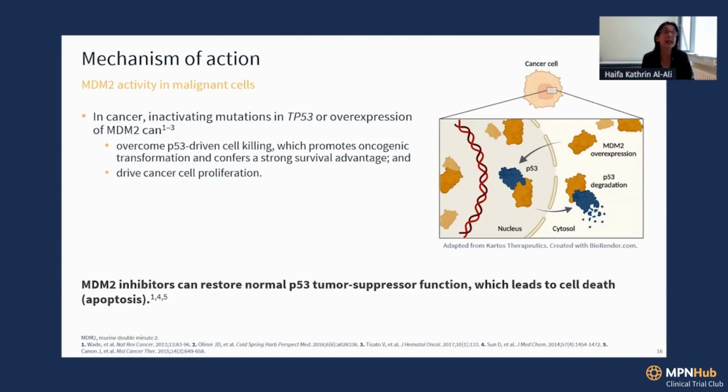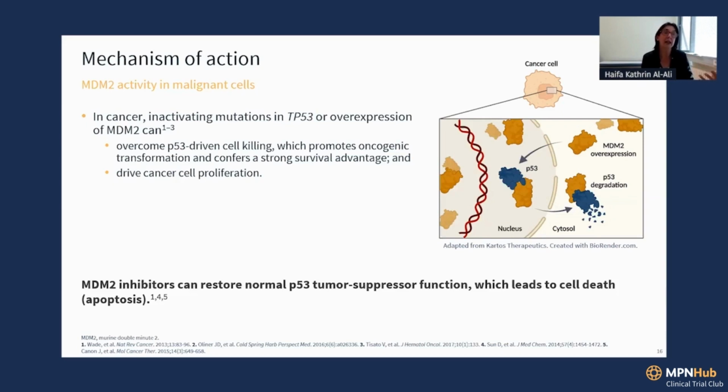By the way, MDM2 stands for murine double minute 2, just to know what this abbreviation stands for. So either the overexpression or a TP53 gene mutation will overcome the p53-driven cell killing.